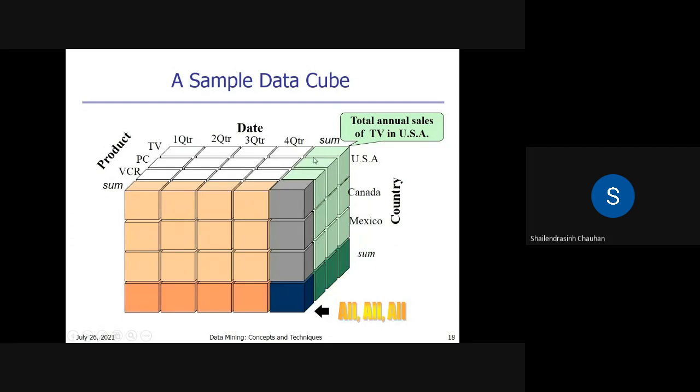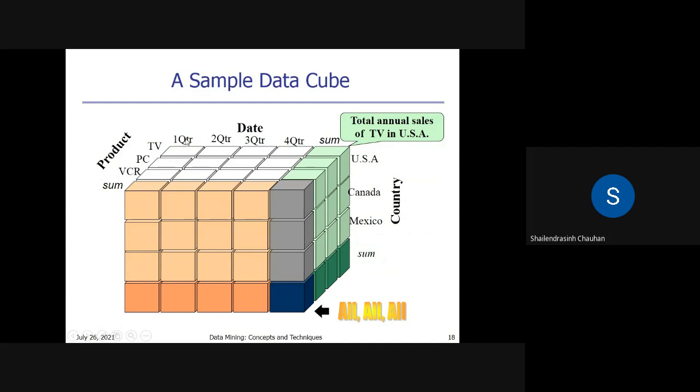Now, what is the representation of this thing? It is representing that in USA, how many PCs I have sold in all the quarters. This represents what? In USA, how many TVs I have sold in all the quarters. And that is the representation of these sub cubes, you can say. Now, what is the representation of all these cubes? So this represents what?